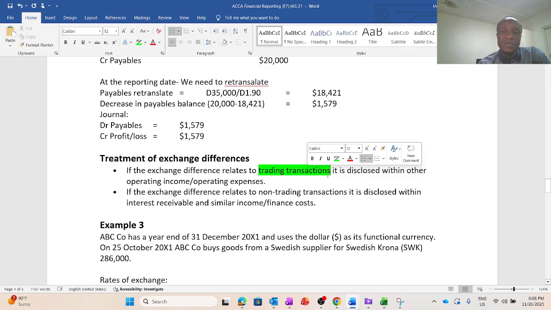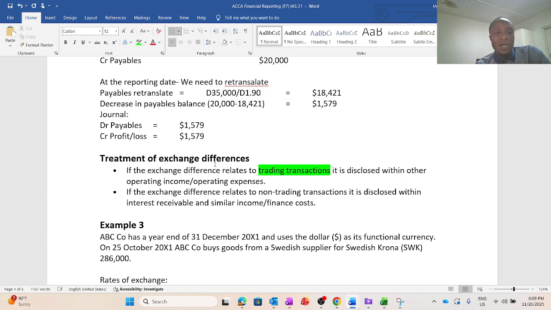We can ensure that this is shown in operating income or operating expenses. It is disclosed within other operating income or operating expenses. If it is a gain, it is other operating income. If it is a loss, it is operating expenses. For instance, in this situation, if it is a gain, then we are going to show it as other operating income.